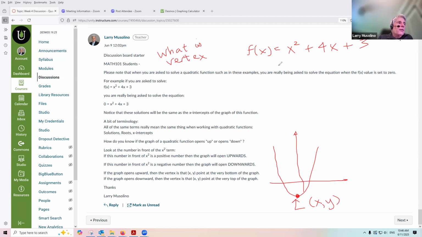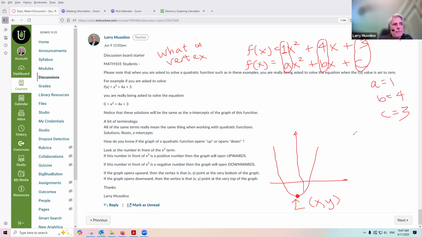Well, the first thing you do is compare this function to a standard ax squared plus bx plus c, and write down the matching numbers for a, b, and c. In front of this x squared, there's no number, so I'm going to put my own number 1 here to make it clear that a matches up to 1, b matches up to 4, and c matches up to 3. I'm going to write that over here. So a is 1, b is 4, and c is 3 for our example.